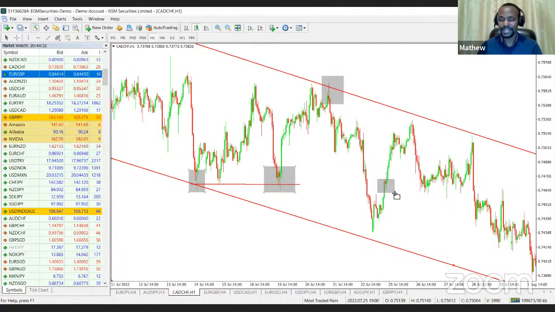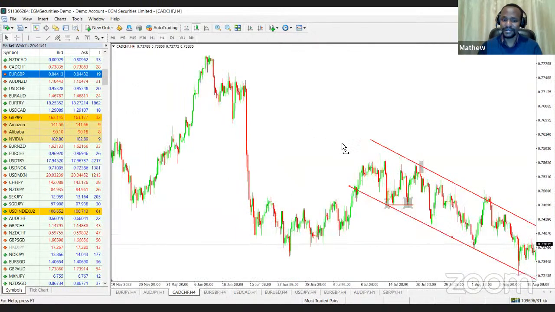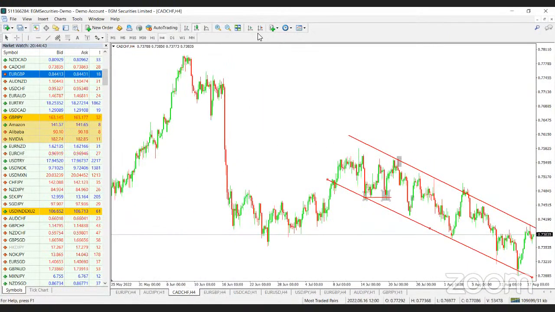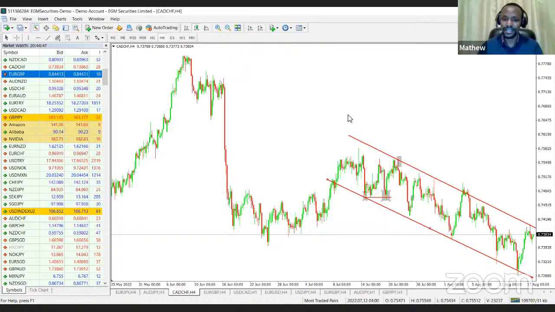That's a pin bar, but it's not forming around any significant area, because in this case we are using a channel, right? So it is always good to identify a pattern like a channel or a resistance area or something that is going to help you understand the pattern first.